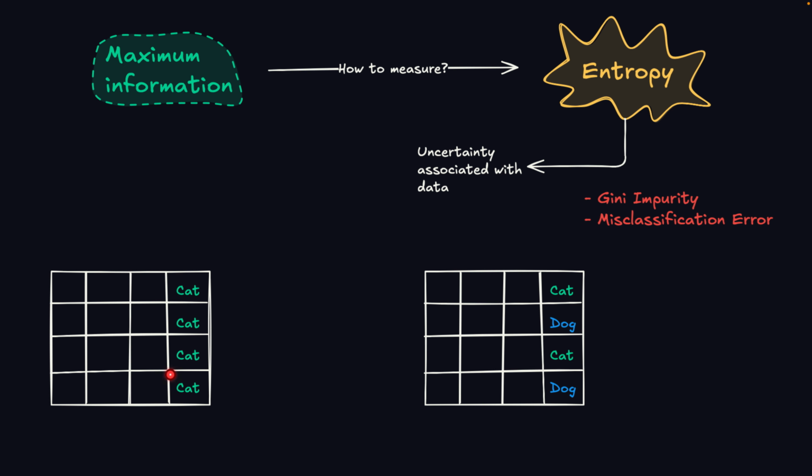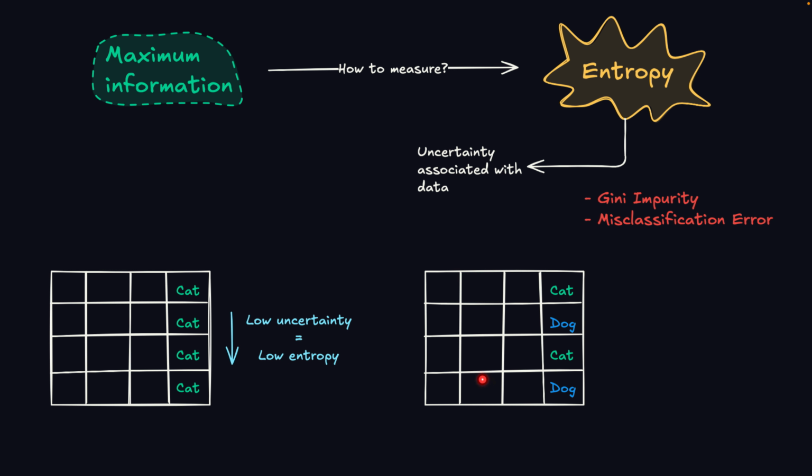But here all 4 of them are cat, which means if we randomly pick one of the records from here, we know for sure that it is going to be cat, right? So there is no uncertainty here. Because there is no uncertainty, we say that this data set has low entropy. But here, if we randomly pick one of the records, then we have a chance of it being cat or dog, we have a 50-50 chance.